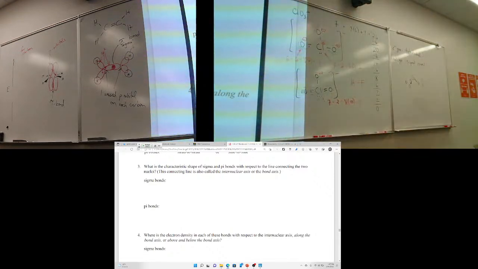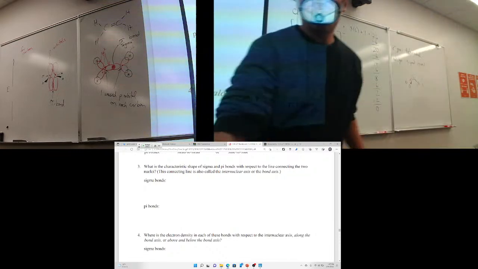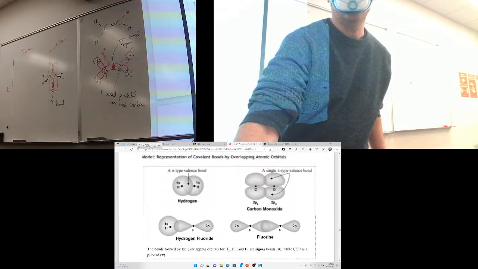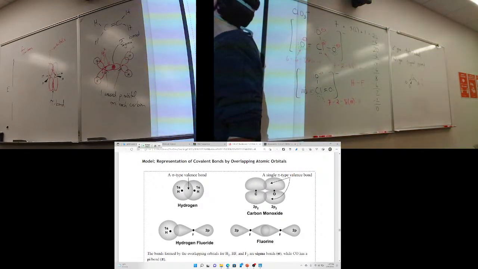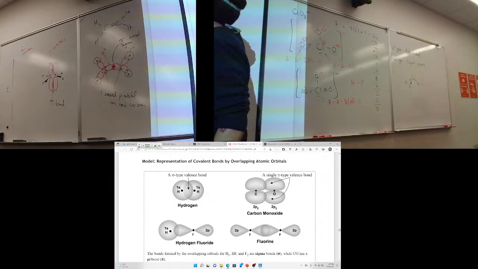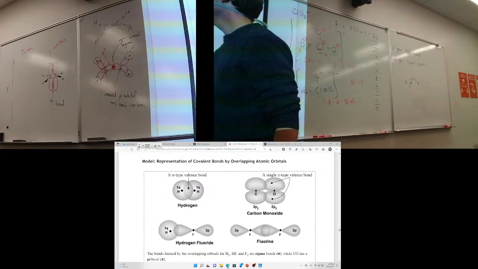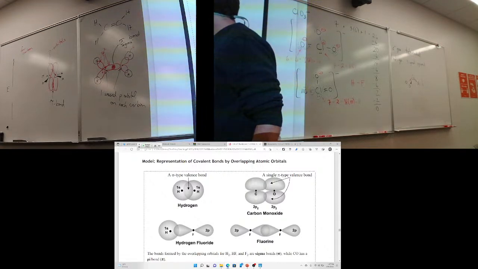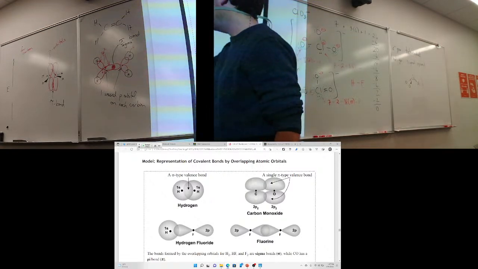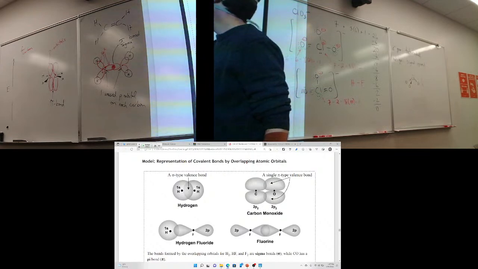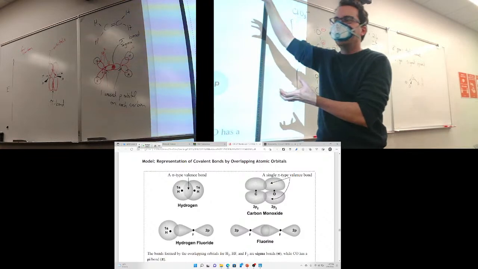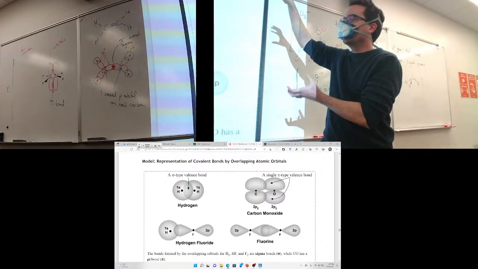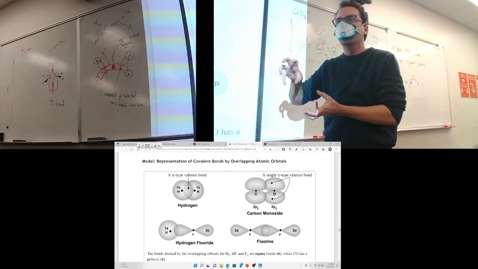I guess you want to look back at these pictures here, and however you can describe this, you can say that the shape of the sigma bond is just a single overlap, whereas the shape of the pi bond is two overlapping areas that are separated by a region with no overlap.